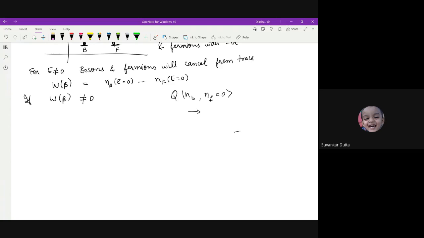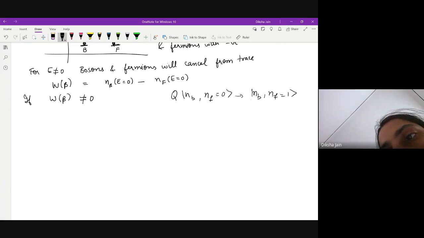So your last state satisfies this statistics formula. Sorry, I didn't understand what statistic is satisfied by what. This state has only a number of bosons, and the bosons in this state will anyway satisfy Bose-Einstein statistics. There is one fermion, which satisfies the Fermi-Dirac statistics.